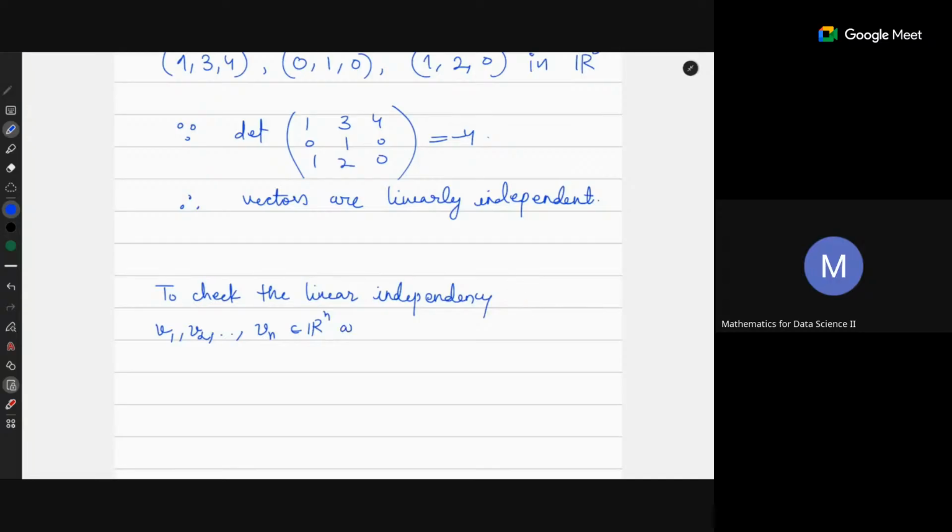So these vectors are linearly independent if and only if the determinant of writing them as columns or rows, whatever you like, is non-zero.